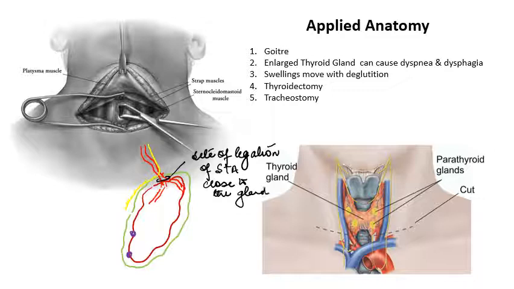Because if you do it away from the gland, you may involve the external laryngeal nerve in your ligation, and as a result, injure the external laryngeal nerve and hence the cricothyroid, and then the patient would complain of hoarseness of voice, like the patient in the beginning of the class, the singer. The singer said that there was a difficulty when she was singing. So it could be because the external laryngeal nerve was damaged while the surgery was being performed. I'm not going to discuss that case in detail. Now that I've discussed the anatomy with you, I want you to discuss it with your table teachers once you get into it.